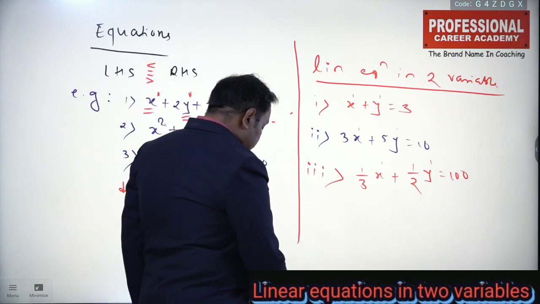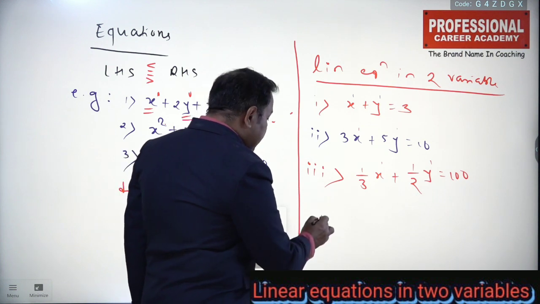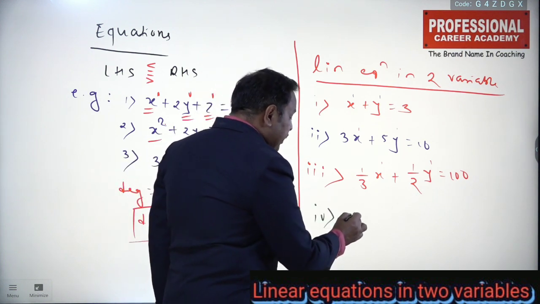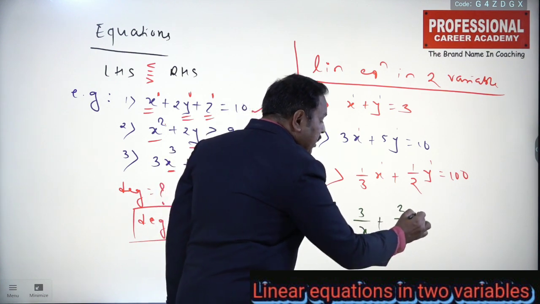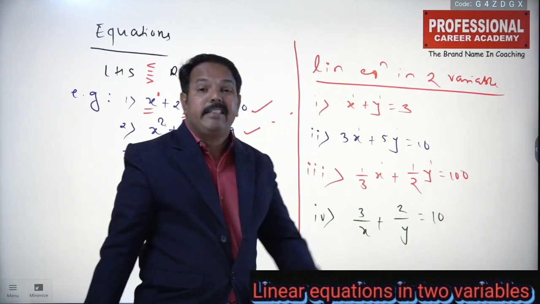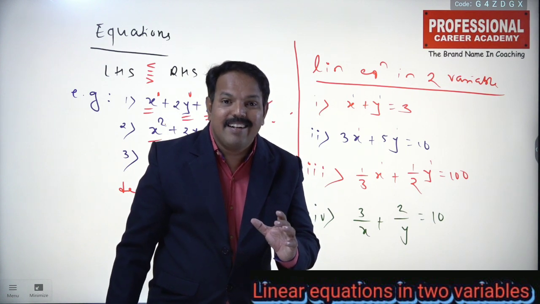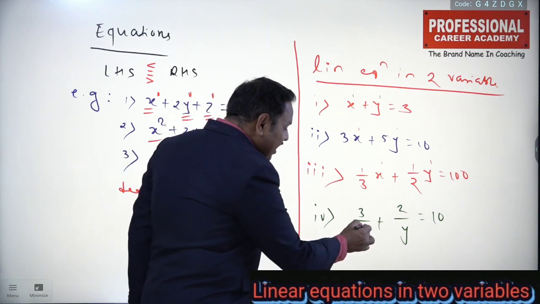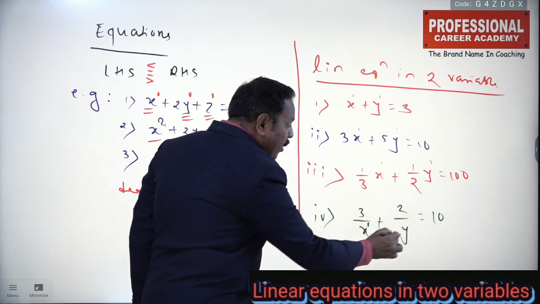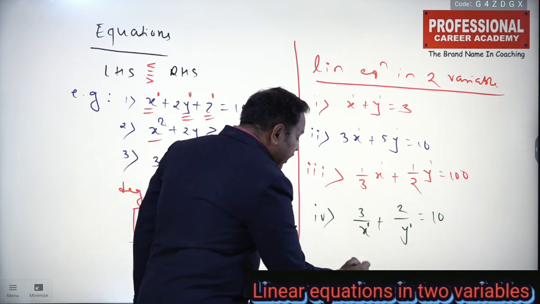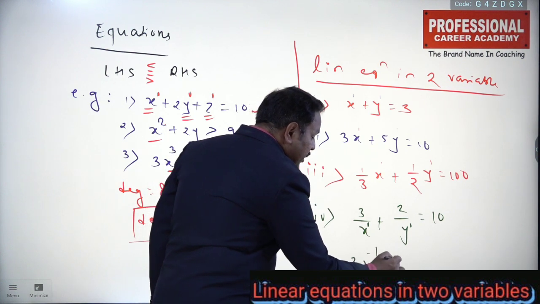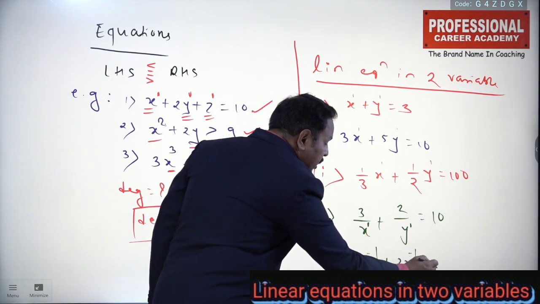Take down another example. See here, 3 by x plus 2 by y is equal to 10. Is it a linear equation in 2 variables? Let us see, what is the degree of this x? 1. Here also the power is 1, but it is in the denominator, so we can say it is 3x raised to minus 1 plus 2y raised to minus 1 is equal to 10.